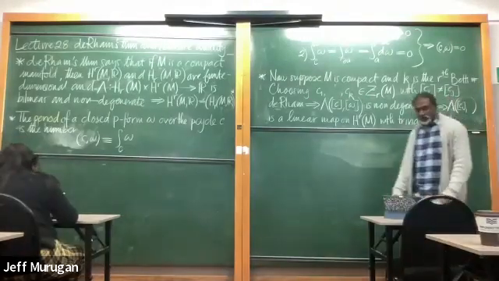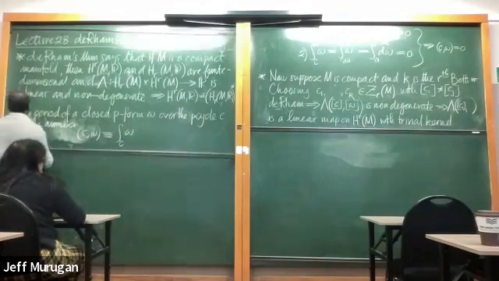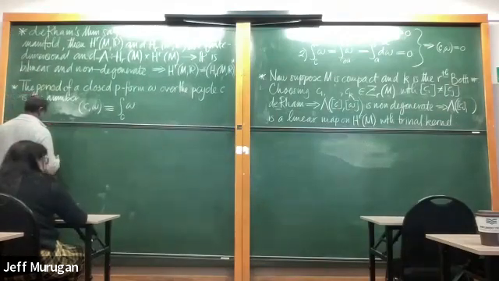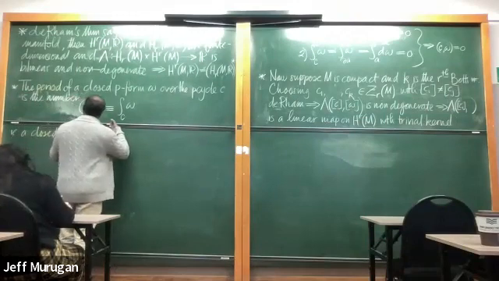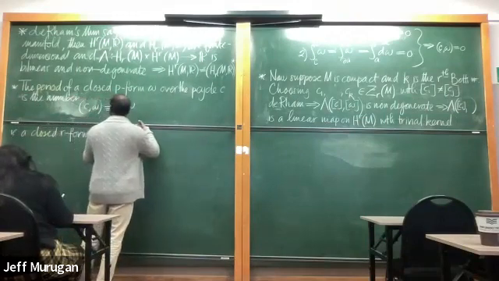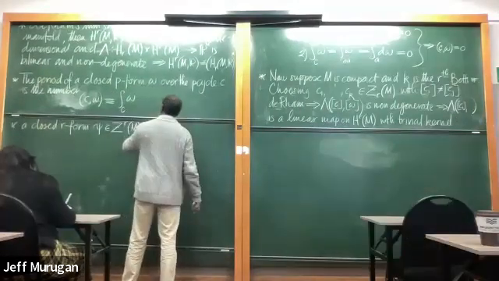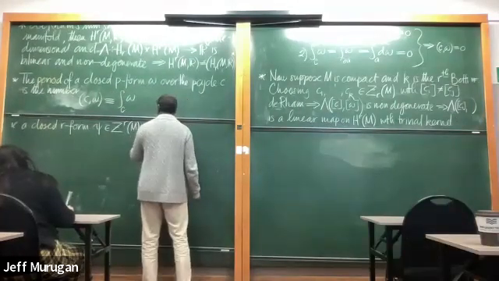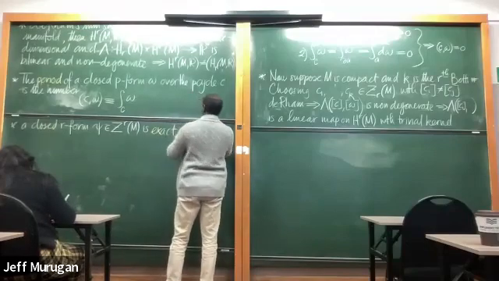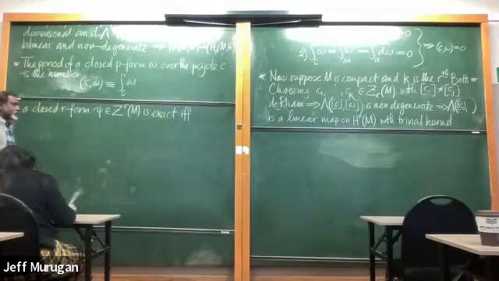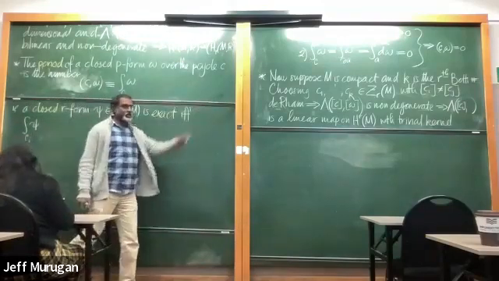In other words, a closed p-form, let's say psi, an element of Omega^p(M), is exact if, and look here, its integral over all the C_i's, i going from 1 to k, vanishes.